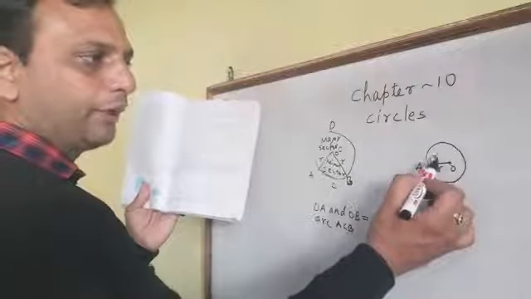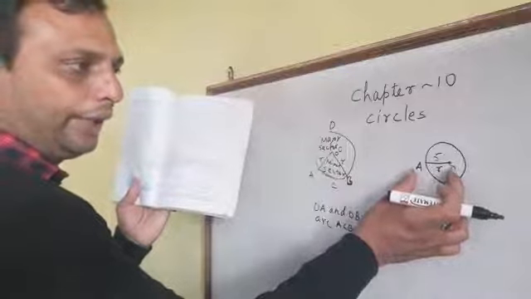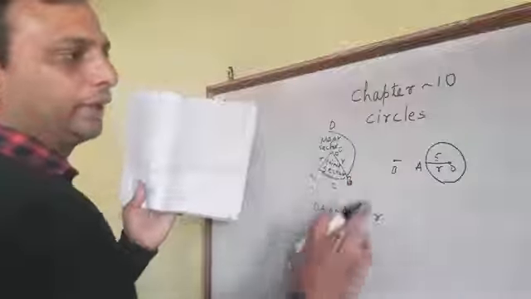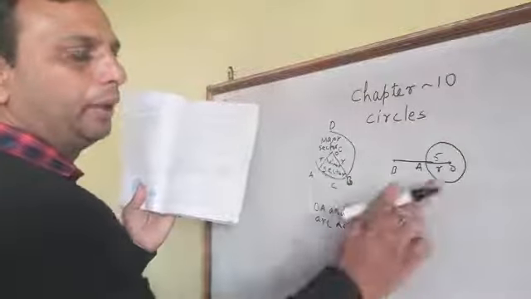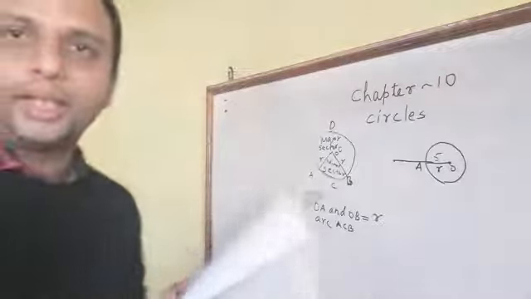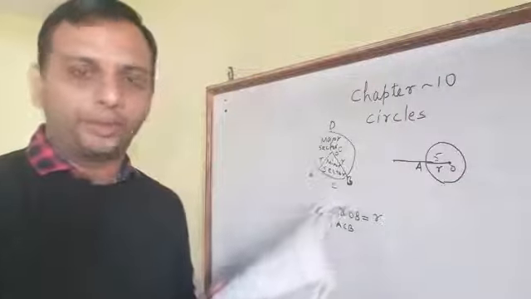So this will be the exterior point. The longest chord of the circle, I already told you, is the diameter.